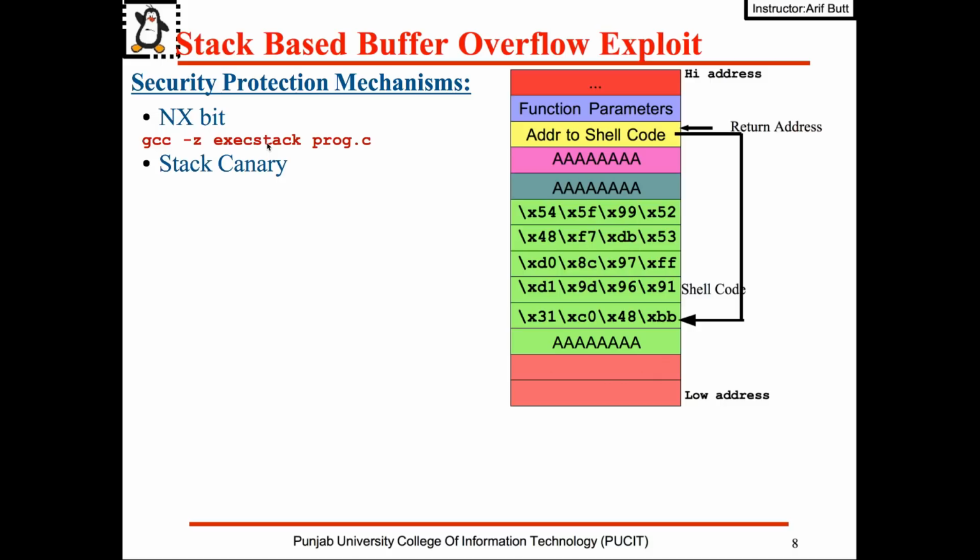The second protection mechanism is the stack canary. A stack canary is a known value or word that is placed just before the return address. Suppose we have the return address over here, the stack canary, a known word, is written over here. A copy of this word is saved somewhere else as well. And before the hacker overwrites the return address, the canary will also be overwritten, as you can see, the E is over here.